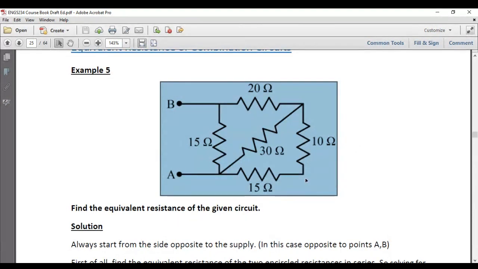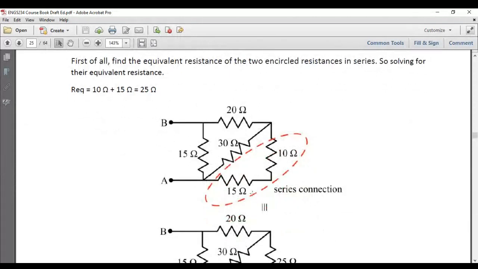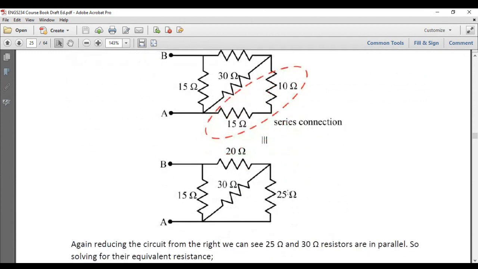These two resistors, you can clearly identify that they are in series. Like here you can see these two are a series connection. So finding their total resistance is easy by simply adding them. So 25 ohm is the total of these two.